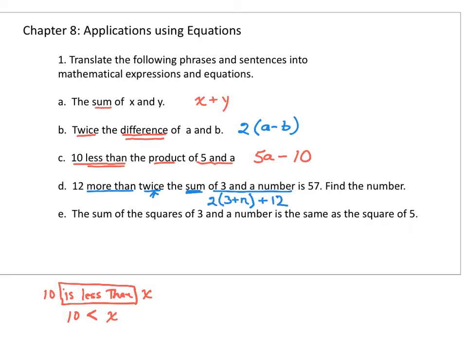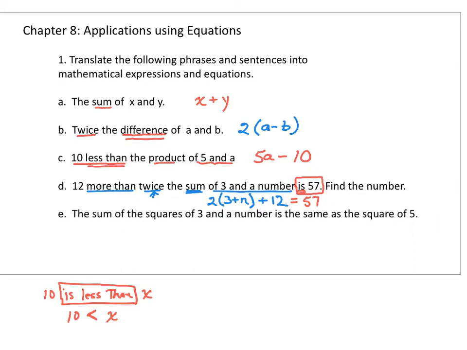So that right now is 12 more than twice the sum of 3 and a number. Now on the end of this one, we have is 57. So that is, it's kind of like is equivalent to, that's our equal sign, equals 57.